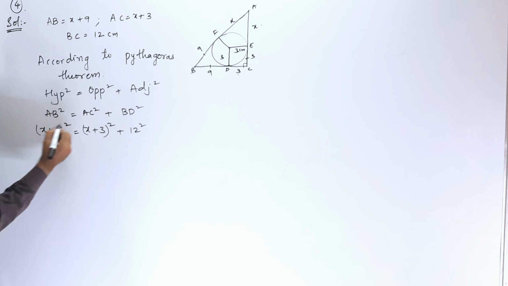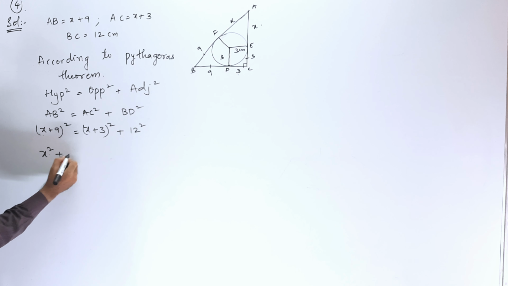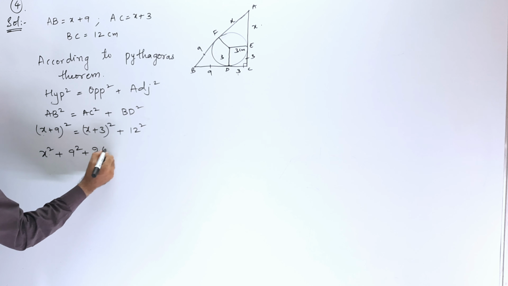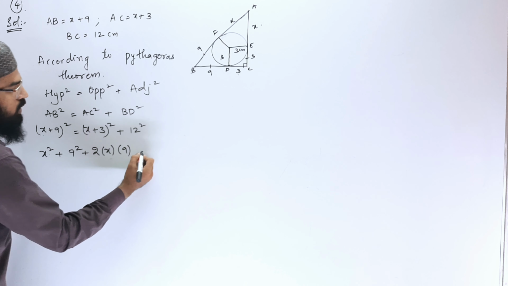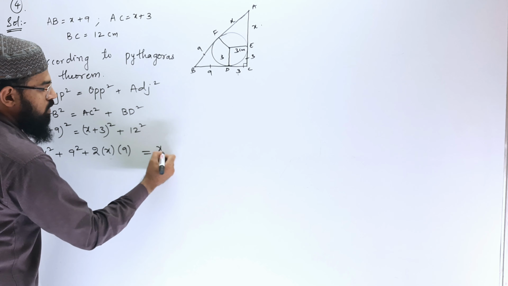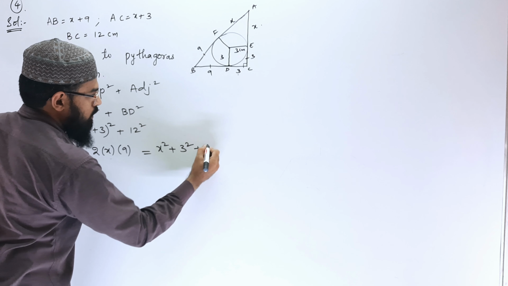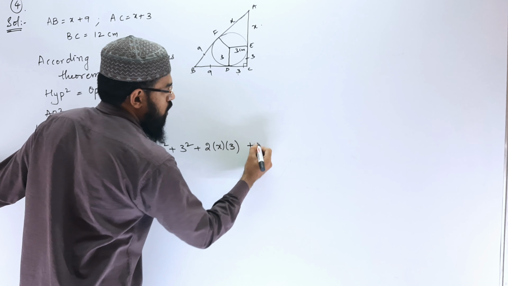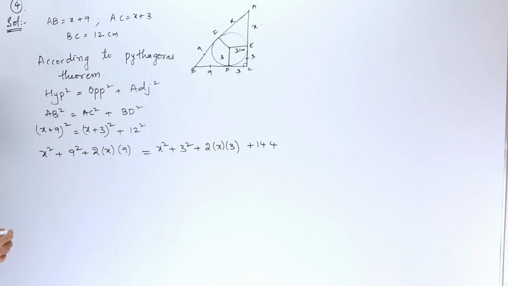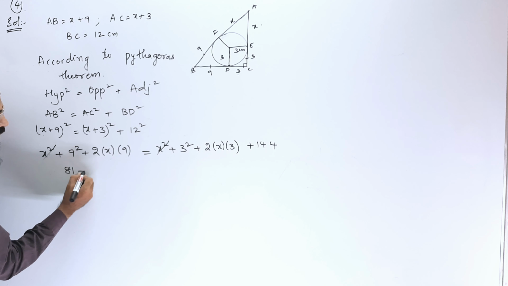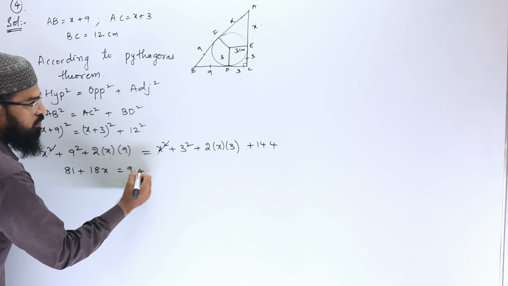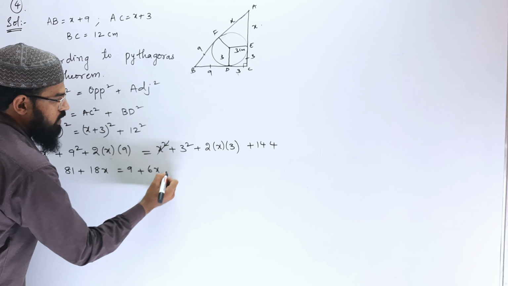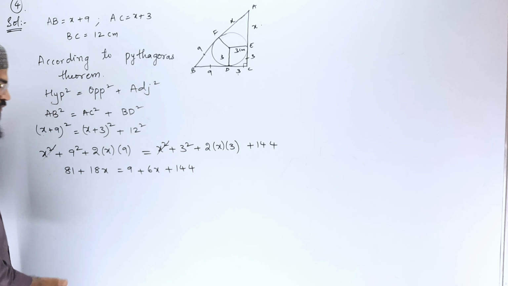It is in the form a plus b whole square, so a square plus b square plus 2ab. 12 square is 144. Next we can cancel x square and x square. 9 square is 81 plus 2 9s are 18x is equals to 3 square is 9 plus 2 3s are 6x plus 144.